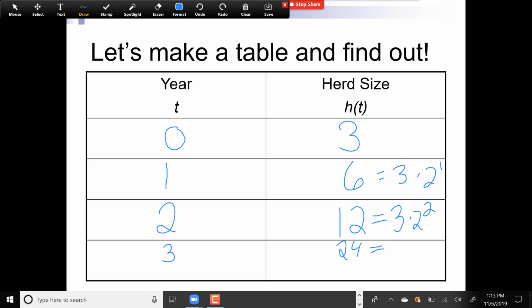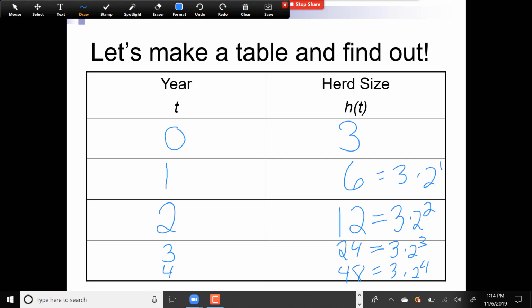That 24 could be 3 times 2 squared times another 2, or we could just make that a 2 cubed instead. If we continue on, at year 4 we would have 48, and we would hit our 50 sometime in the 4th to 5th year. And this would be 3 times 2 to the 4th.